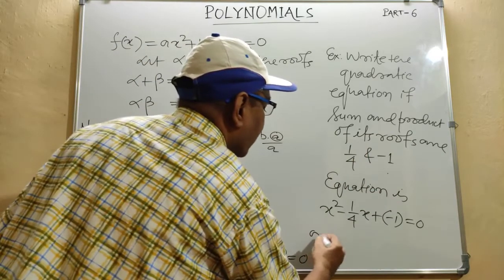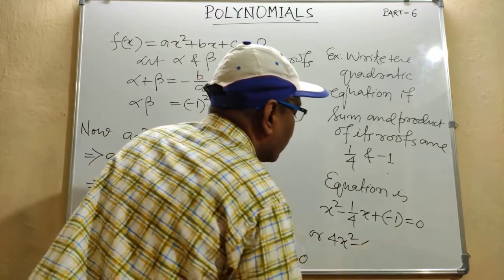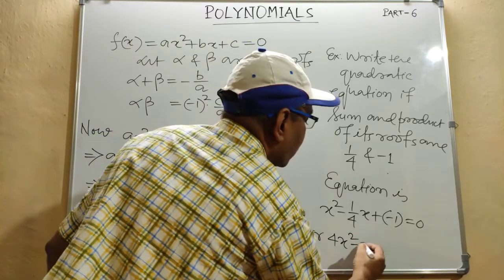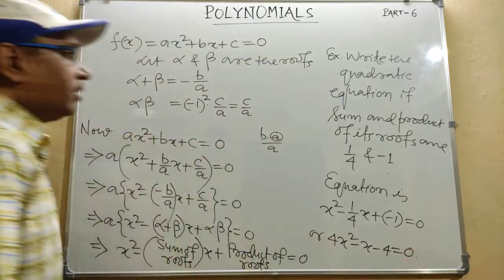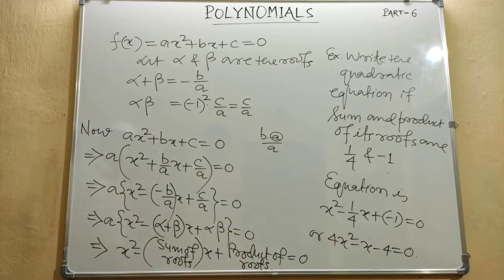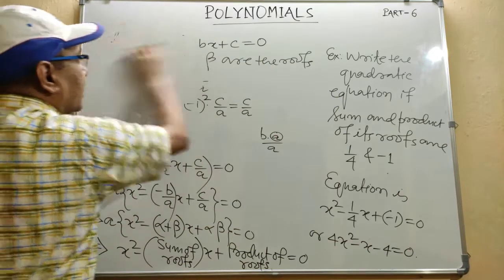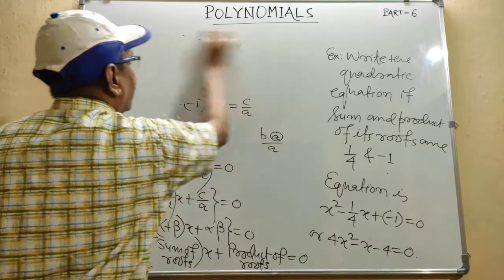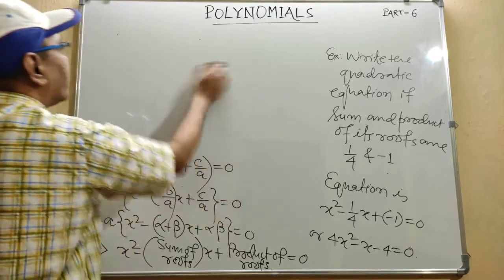Or you can simplify it as 4x² minus x minus 4 equal to 0, taking LCM 4. So I hope you have understood this problem. Now let us see more problems. This type of questions are given in the book.